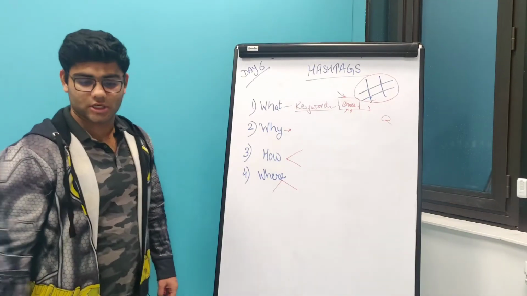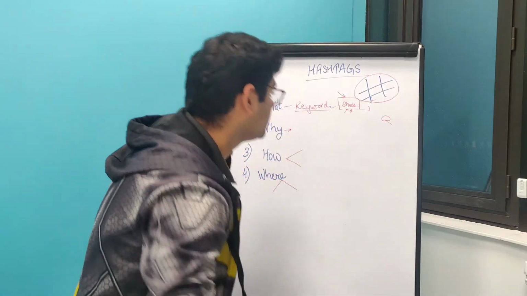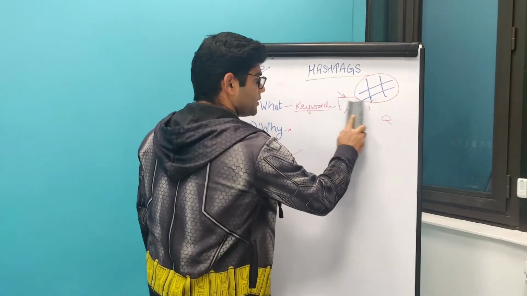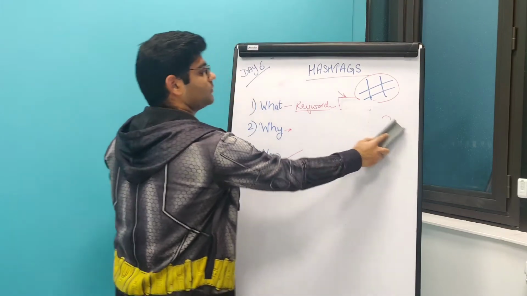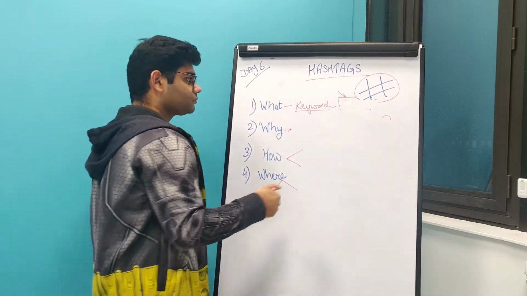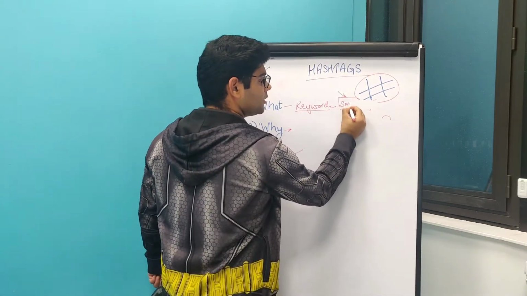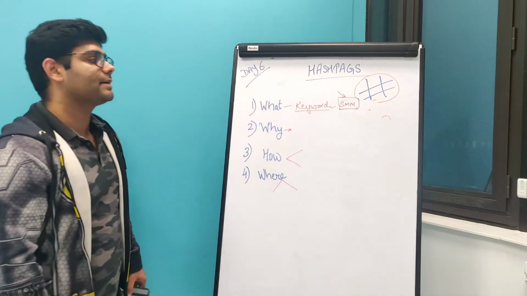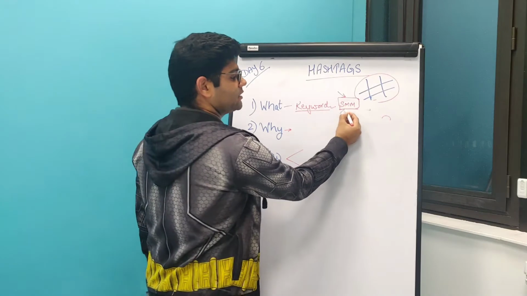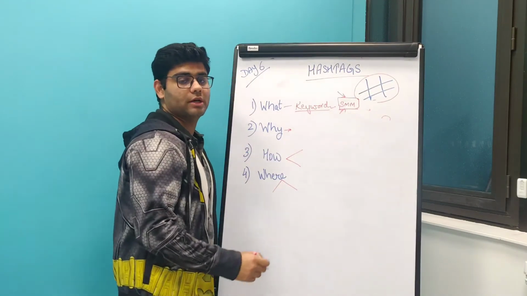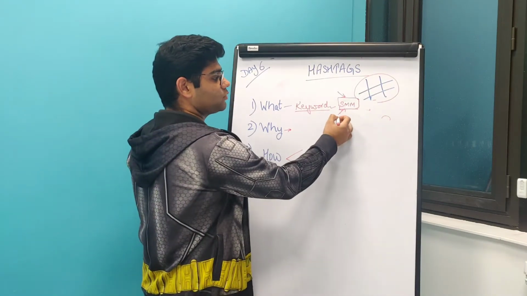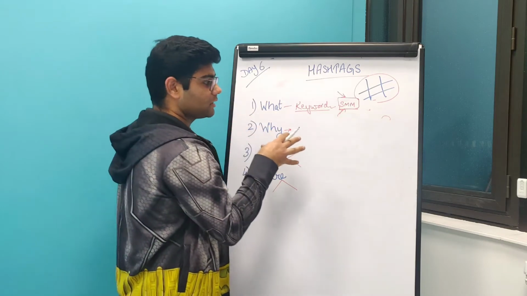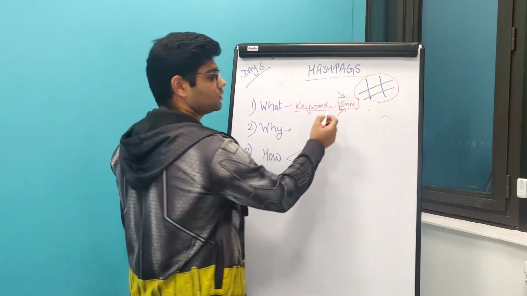Let's say we change the keyword to social media marketing, SMM. If I am not using this hashtag, and it is not in my bio or my username, there are very few chances that my post is going to be shown for this keyword.